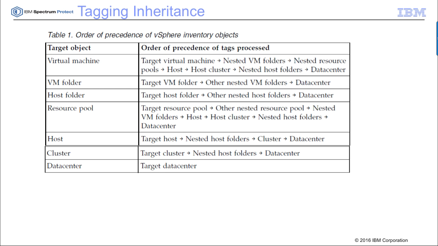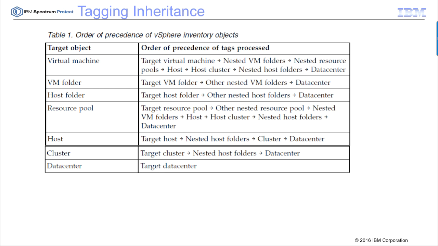Now we need to go in and for all of the virtual machines that are in the data center or the virtual machines that are going to be added in the future, assign the appropriate tags so that they get backed up or included, excluded, or scheduled and are associated with the right retention information.